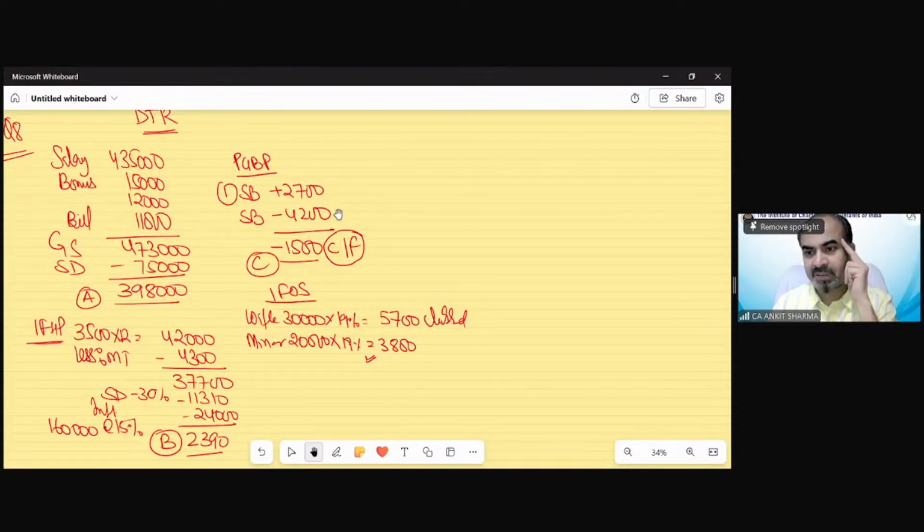I was expecting someone at least will say me, yes, sir, there would be an exemption under section 10(32), but nobody said this. Well done. Yes, there could be exemption of 1,500 rupees, but because under default tax regime, section 10(32) exemption cannot be claimed. So this will remain same value. Very well done. So that will be 12,000 rupees.